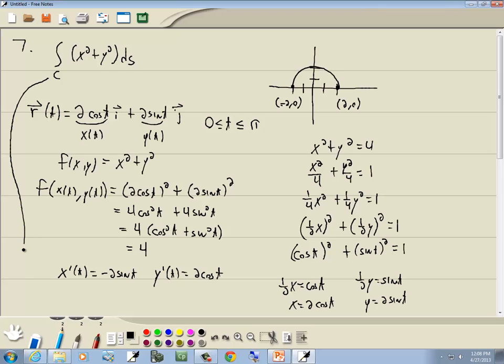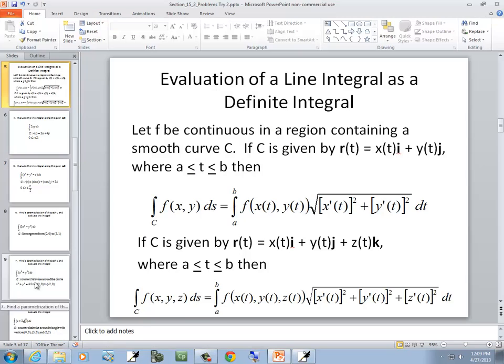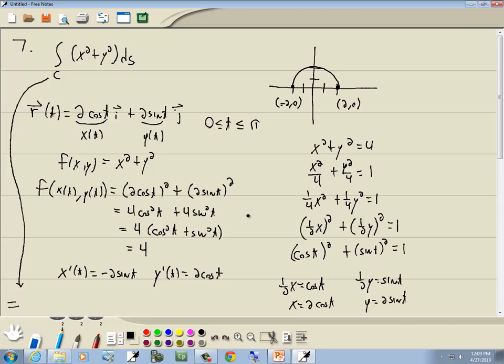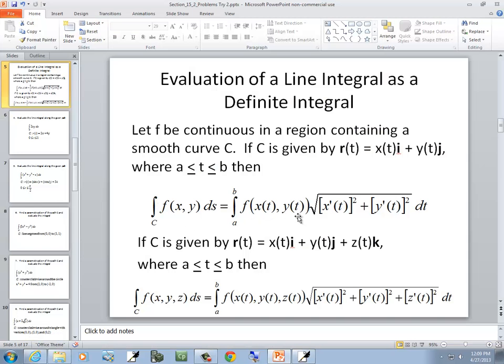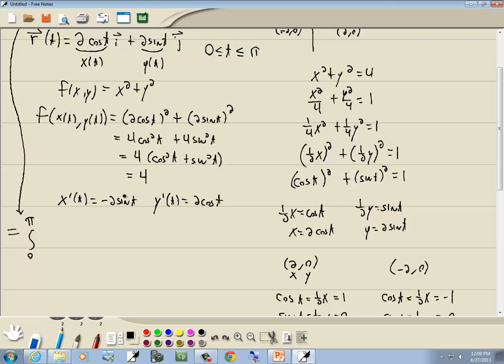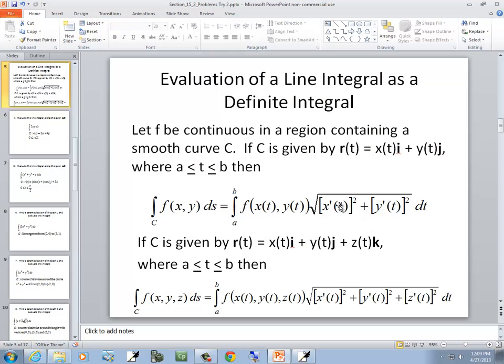So we're continuing on down here, and we're saying this is now equal to, and we're plugging them into our formula, from a to b, so from 0 to pi. And then we got our function, f of x of t, y of t, which we said was 4. Then the square root of x prime of t squared.